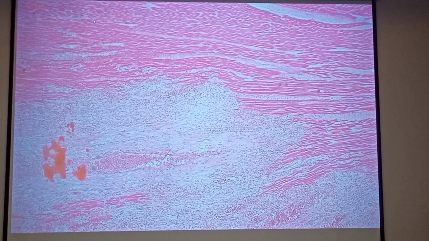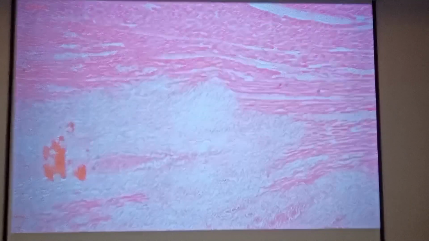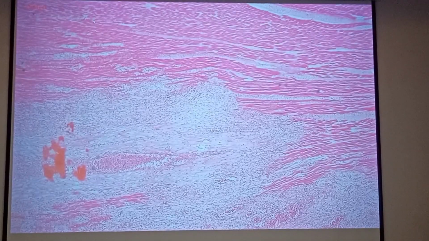So the younger it is, the weaker it is. So the walls, yeah, can rupture anytime. So this part right here, if you expose it to high pressure, like uncontrolled hypertension, this part right there can pop out like a balloon. Strong enough, can rupture.